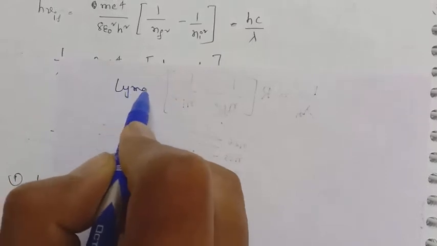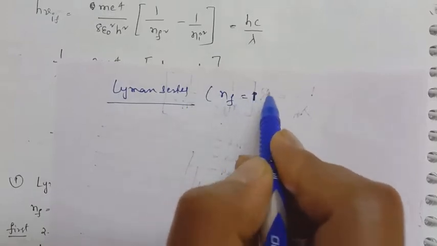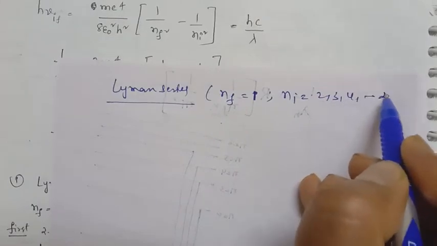Once again, I will explain the Lyman series. Here nf is equal to 1 and ni is equal to 2, 3, 4 and so on up to infinity.